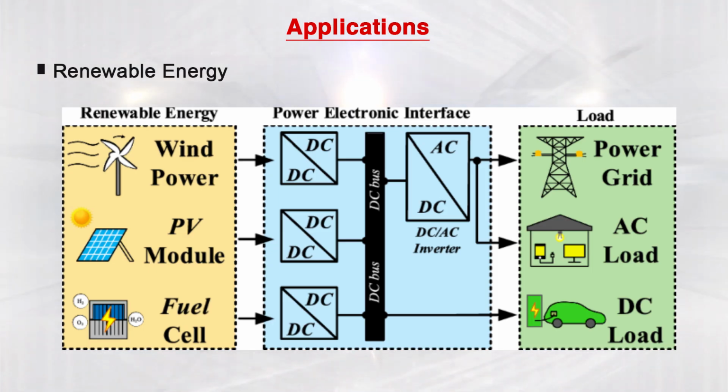Further, people have utilized DC to AC conversion units so that they can communicate with the power grid and AC loads, and DC loads are also connected at the DC bus, where the DC to AC conversion unit is not required, as they are DC in nature.